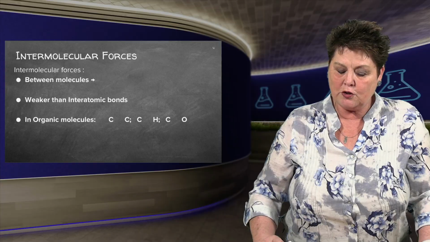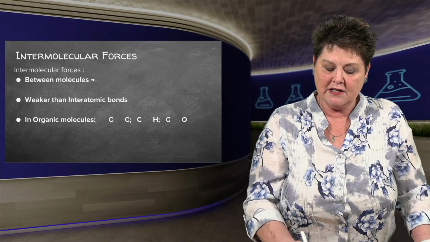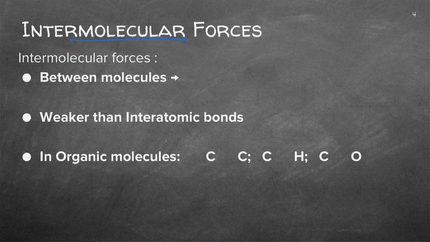So let's have a look at the intermolecular. So now we've got molecules, and what's going to happen when one H2O binds to another OH. Can you see there? I'm just putting in the shared electron pairs there.